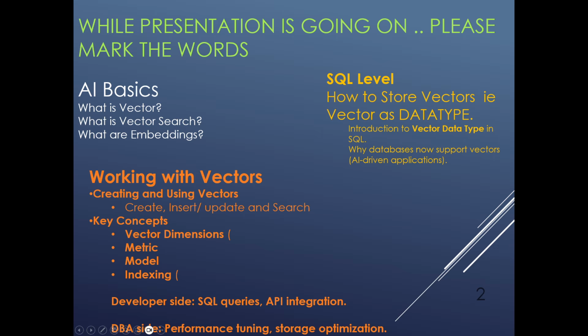Then we will give a slide for embeddings, because this is a very important part of the search. Then we will relate them to SQL Server, that is, we understand what is a vector as a data type.